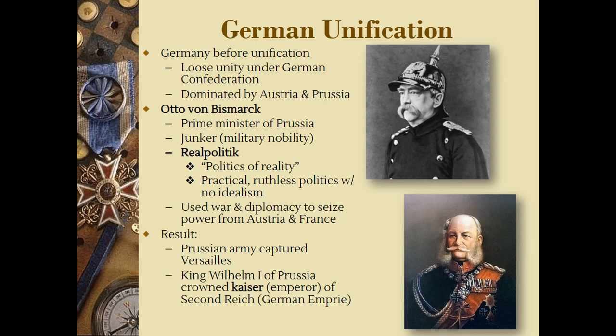And so realpolitik basically means the politics of reality. So he's not adhering to these really pretty Enlightenment ideas. It's basically, we're going to unify and we're going to get things done through practical means. So if that means going to war, then that's what we are going to do. And so that's his goal, to unify these German-speaking people through war and diplomacy.